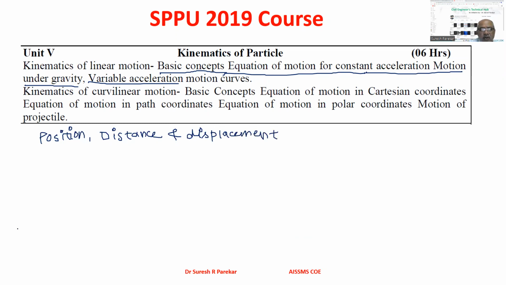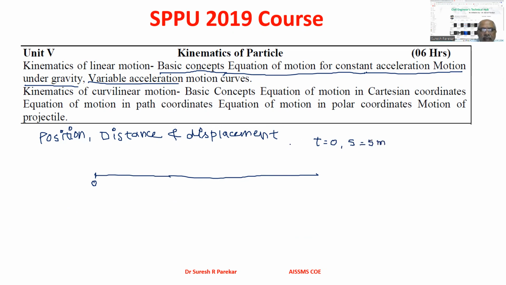Now suppose we have this as origin. At t equal to 0, we have s equal to 5 meters.